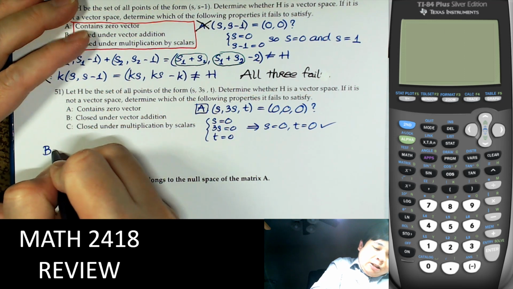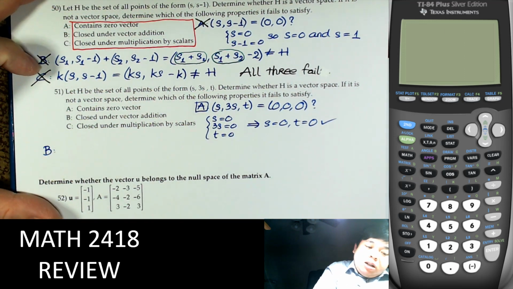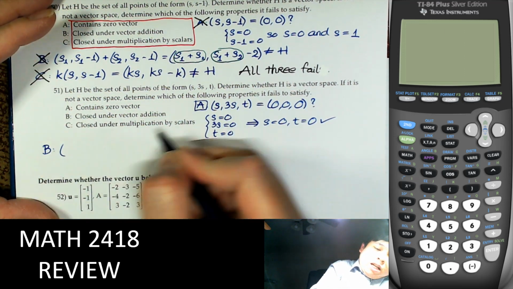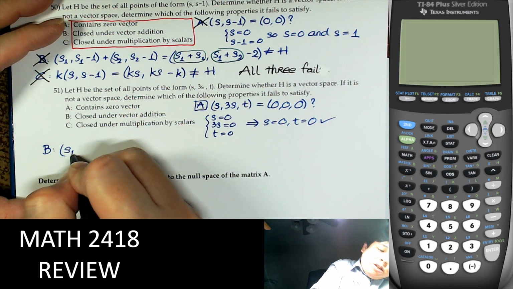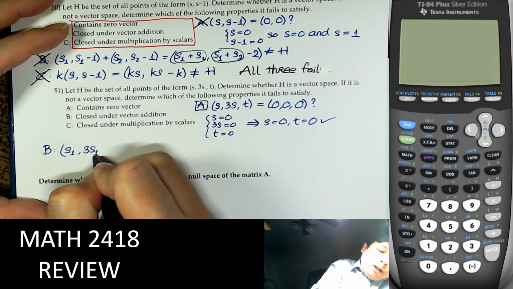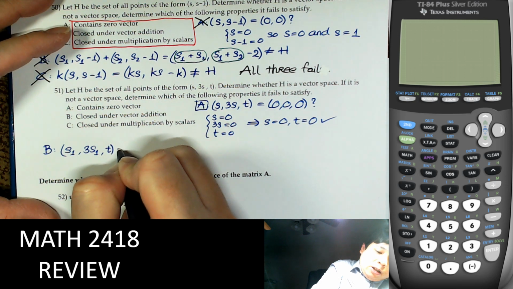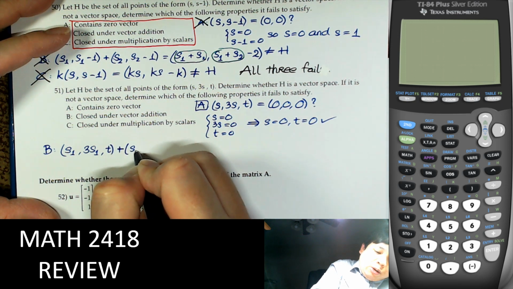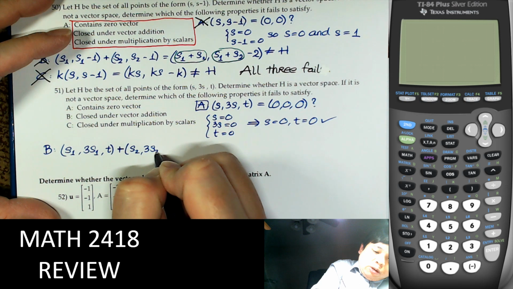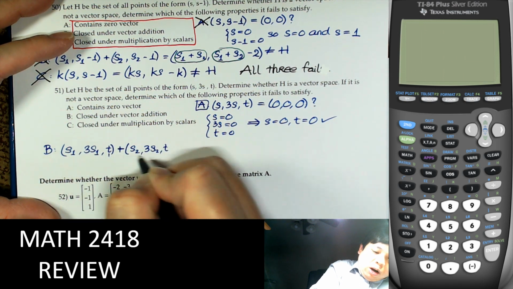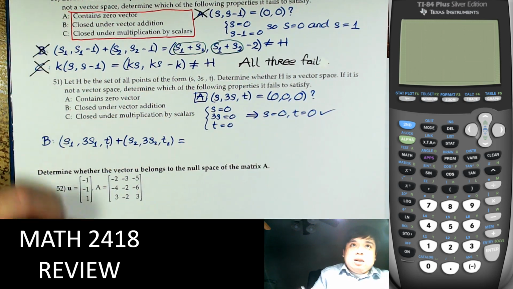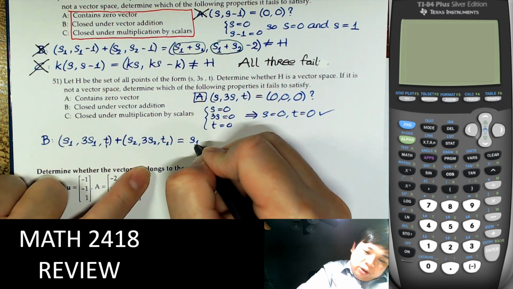Next, is this one closed under addition? So we check the vector in this form. Let's say S1, 3S1, and T1. Now we add with S2, 3S2, and T2. So when we add them, we have S1 plus S2.